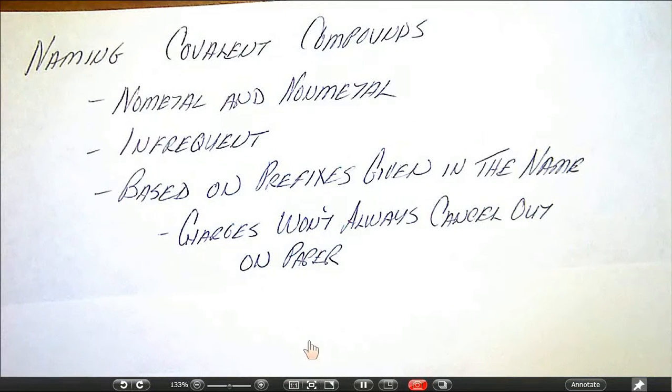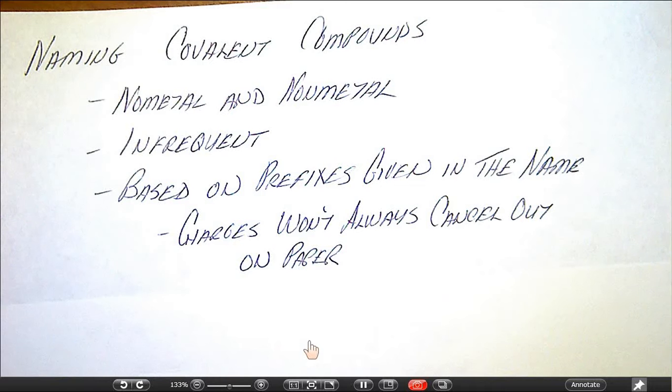Covalent compounds are made out of two nonmetals. They occur less frequently than ionic compounds simply because there's not as many nonmetals as there are metals. They're based on the prefixes given in the name rather than canceling out oxidation numbers.